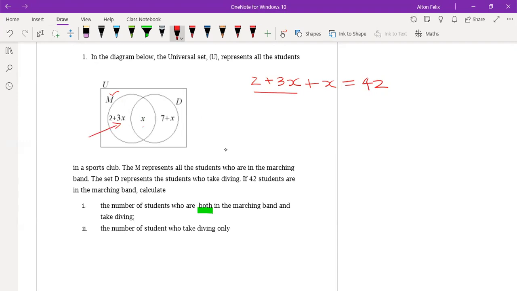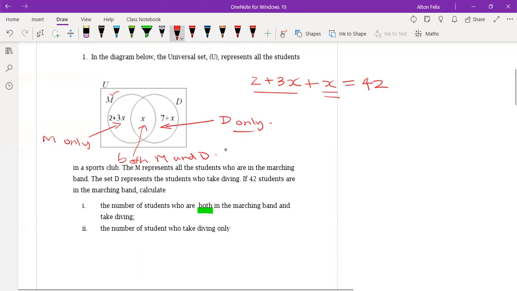And this other part of the circle represents x, and it's written here. And that will equal 42. Now, 2 plus 3x represents those who are in the marching band only. And this here represents those who are in both the marching band and who also take diving. And this region here, for completeness' sake, represents those who take diving only.